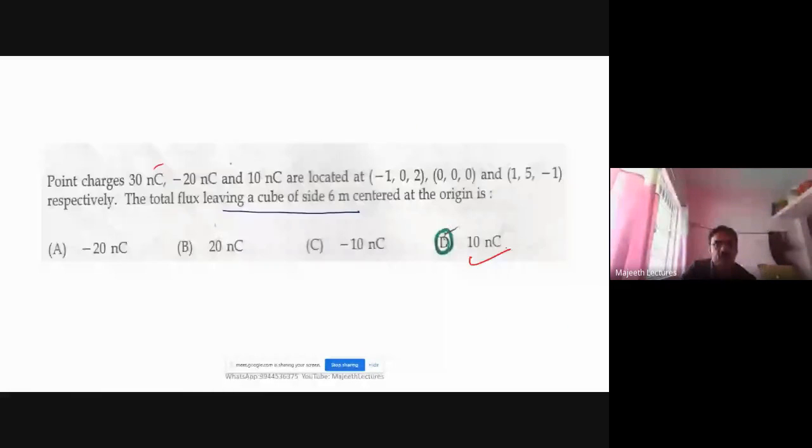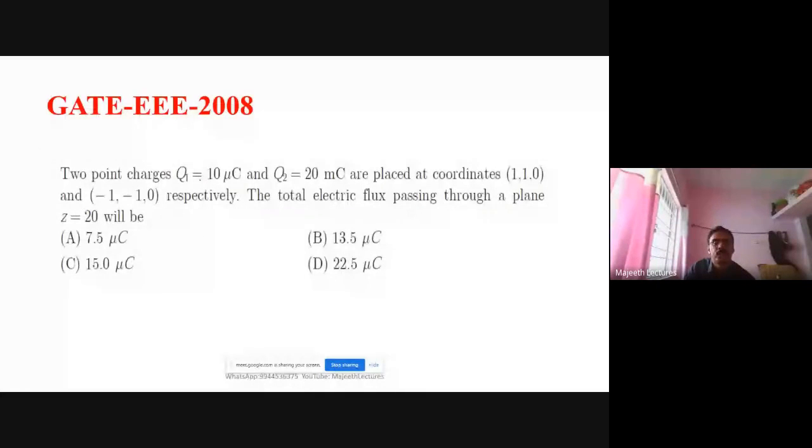Now we come to this problem. Here you see charges of 10 microcoulomb and 20 microcoulomb are placed at (1, 1, 0). So Z is 0. Here also Z is 0. So it is the XY plane only. So let me write like this, X, Y. When X is 1, Y is 1, we have 10 microcoulomb.